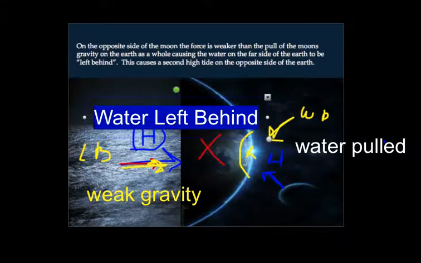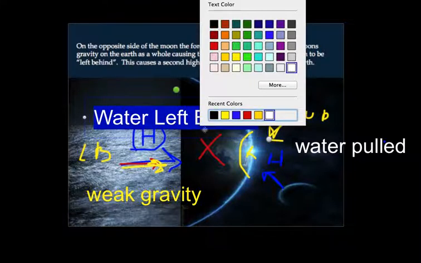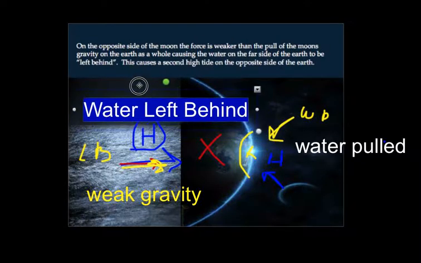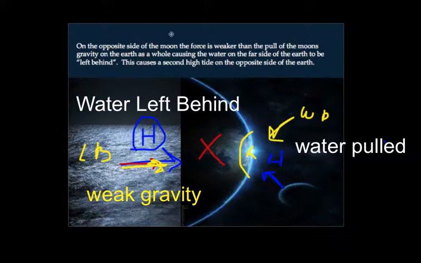So it's these two phenomena, the water being pulled and the water being left behind, that's going to cause the high tides at opposite sides of the Earth. Okay, let me get rid of this. So let's look at the next slide.